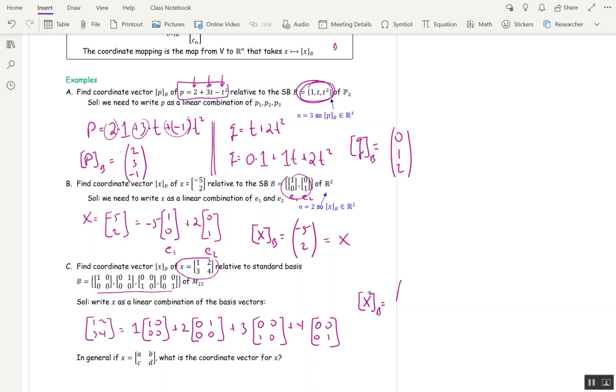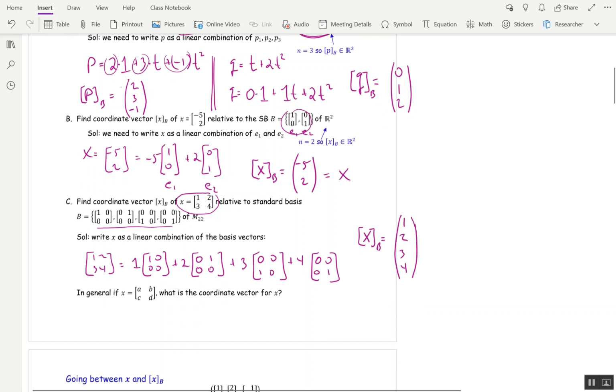So in this case, we have 1, 2, 3, 4, because those are the coefficients in our linear combination. All right, and you can do these in your head. In general, if x had been a, b, c, d, the coordinate vector for x would be a, b, c, d.